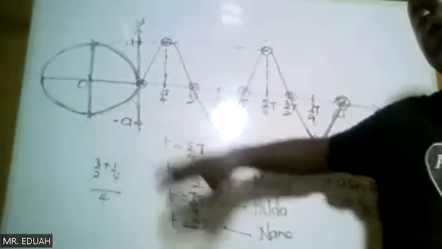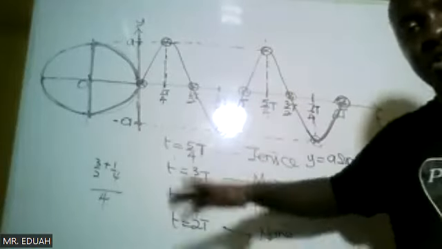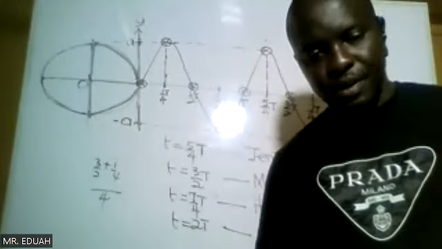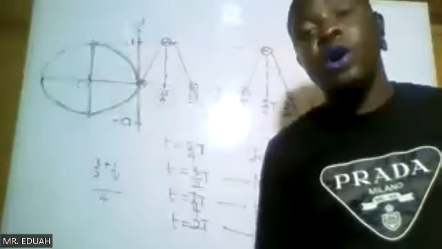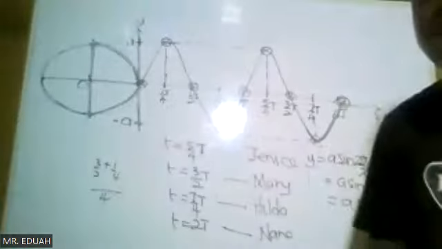So we have to find the velocity function of an oscillating body, a body doing simple harmonic motion. Why are we looking for the velocity function? It is because the body's displacement changes with time.